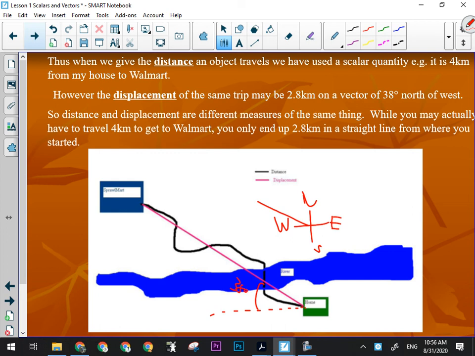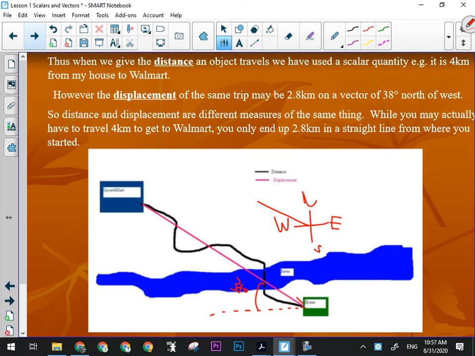I don't just say northwest because 38 degrees northwest could be this line or that line. That would be west of north. They're not the same direction. Everybody all right with that? Northwest would be like 45 degrees because then it's equal from both. All right, so I've got that. That's my displacement. This is my distance.